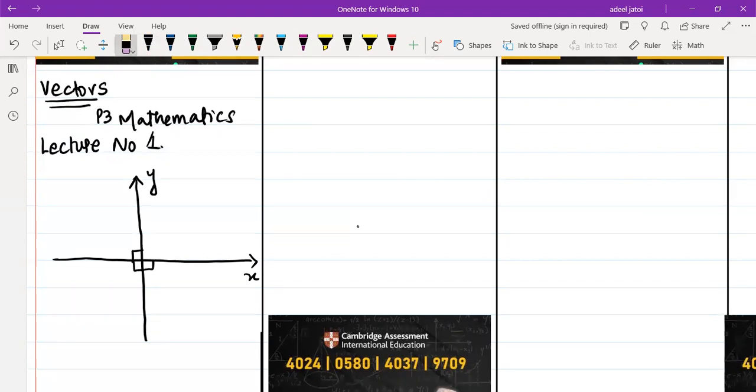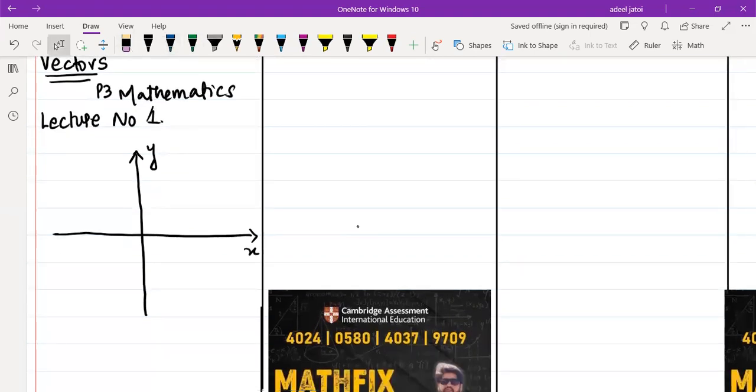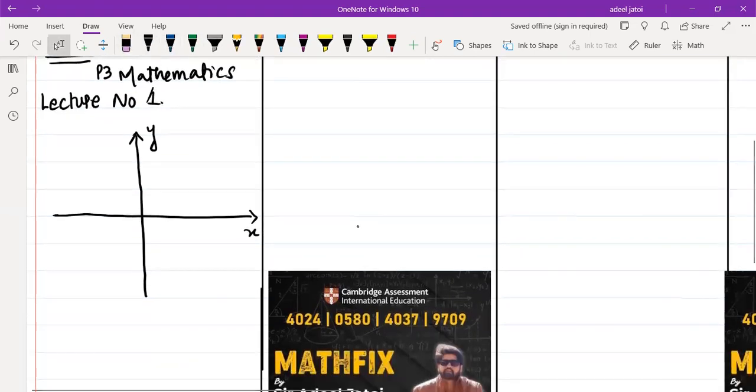But when we talk about X, Y, and Z, that means we are particularly talking about another axis that is here, which means just like a corner of a wall. The corner of a wall has three different axes, one going top, the other going on the right and the left.